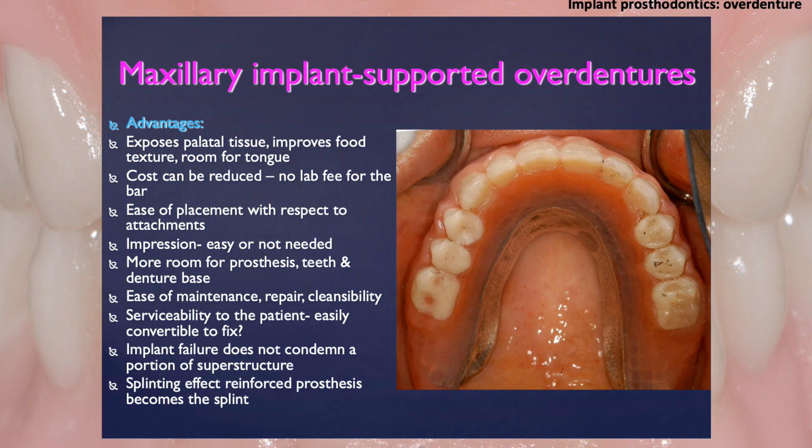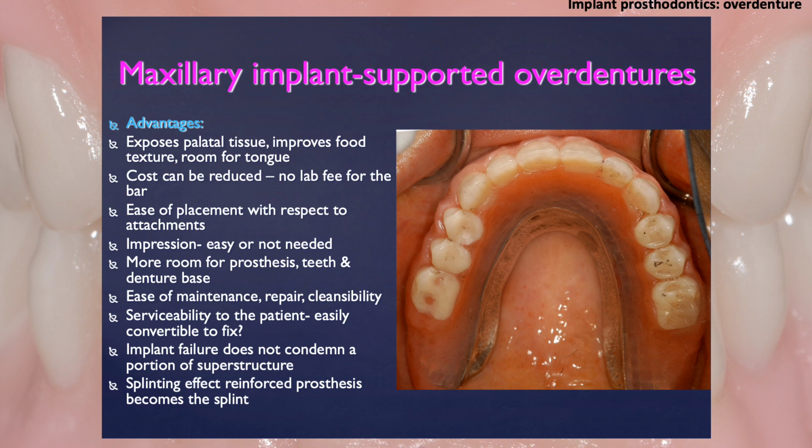Now, once 4 implants or more are successfully osseointegrated in the maxilla, we can really provide some distinct benefits to the denture patient compared to a denture patient who can't afford to have any implants for whatever reason.